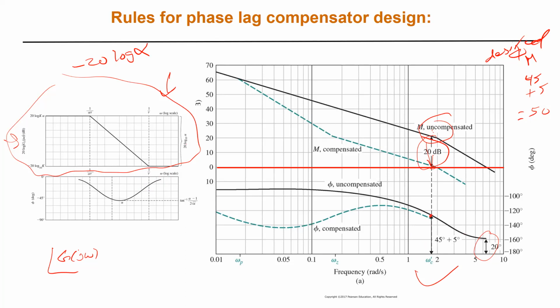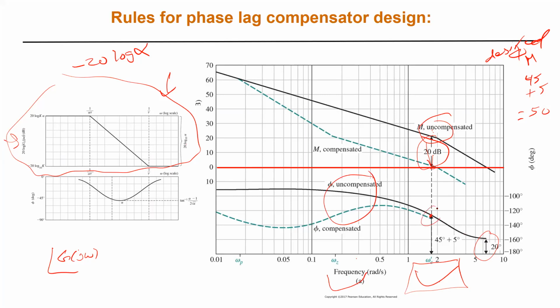So what they have done, rather than positioning the compensator here, they position it 1 decade before this. They position somewhere in here. Look, if you position the compensator in here, the phase in this area is going to be affected.